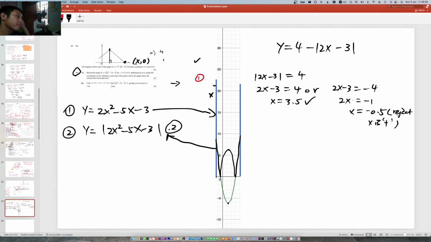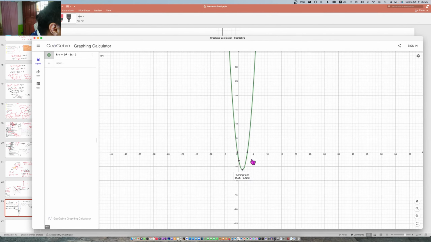Then this says: indicate on your graph the coordinates of the stationary point and the points where the graph meets the vertical and horizontal axis. Where it meets the vertical axis, you need to find it, I think it's 10. If you read it from the graph, I think it's 4.